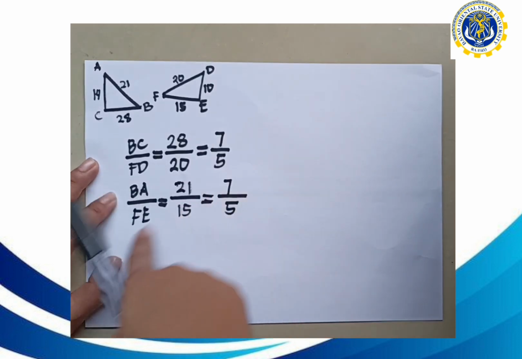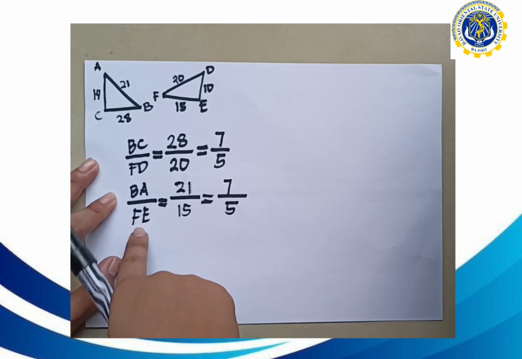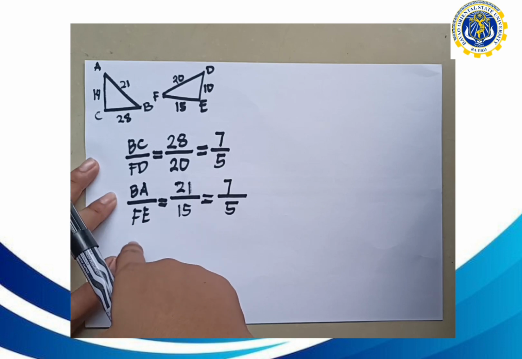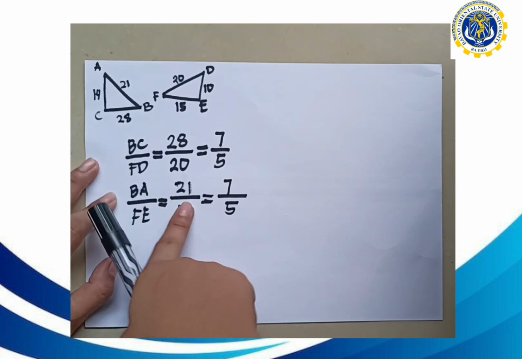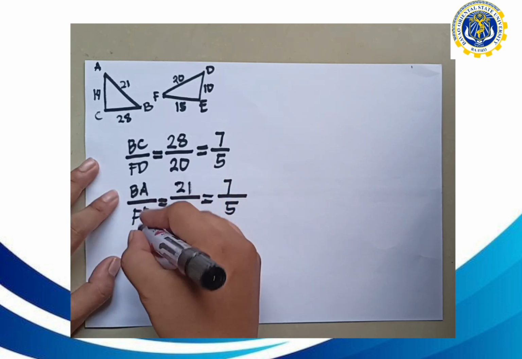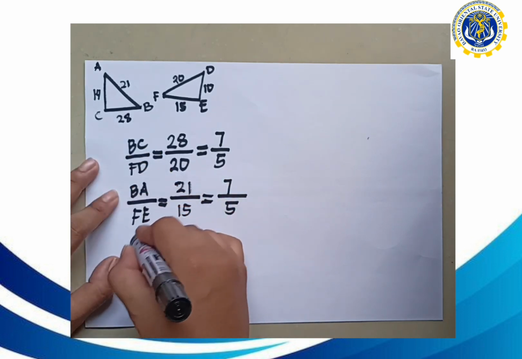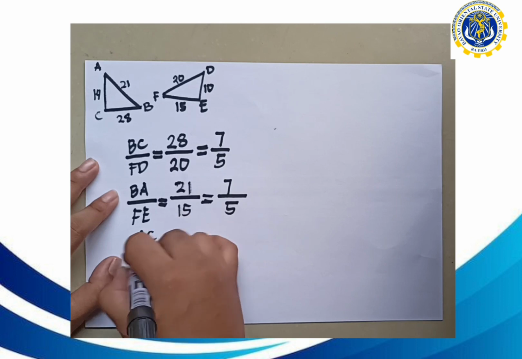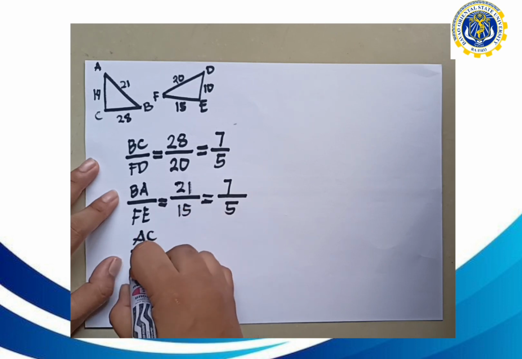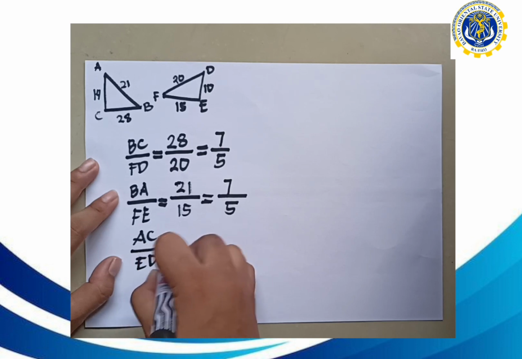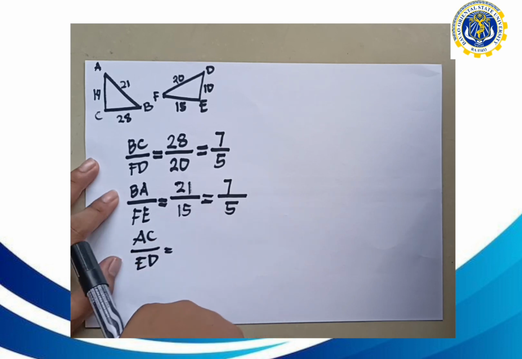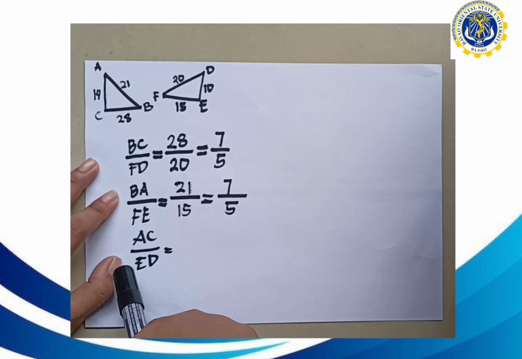Next is to solve for the shortest sides. So, we have AC over ED. Why AC and ED?